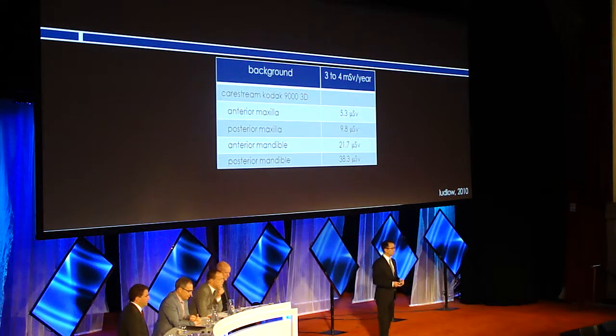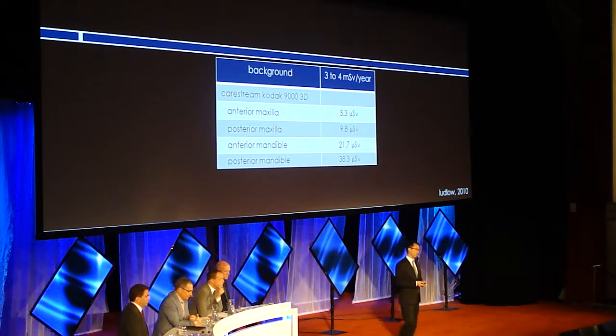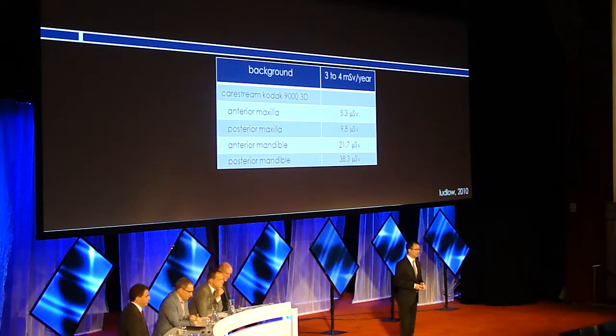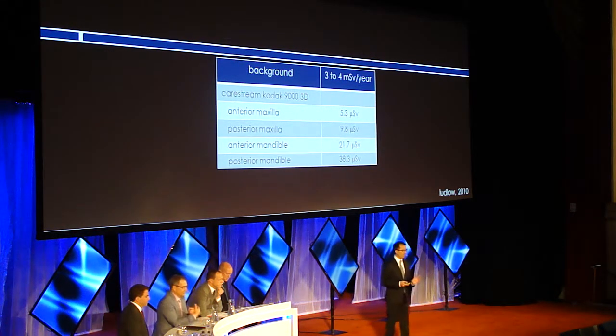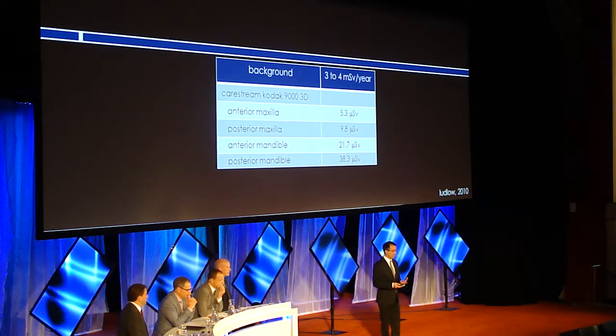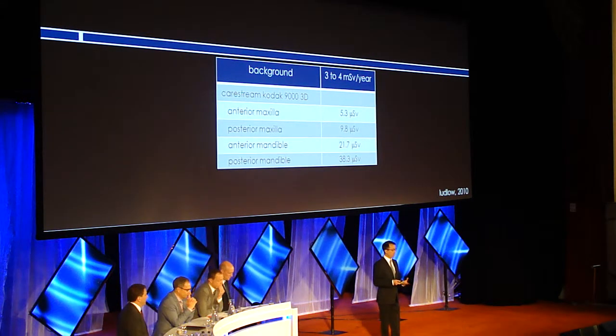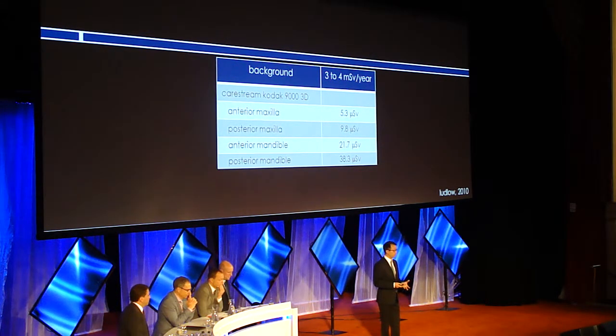For the small field of view machines, there's not a lot of data out there, but this is one study that was published by one of my colleagues, John Ludlow, at the University of North Carolina, for one particular small field machine that demonstrates a variation of between about 5 and 38 microsieverts for a small field of view cone beam system.